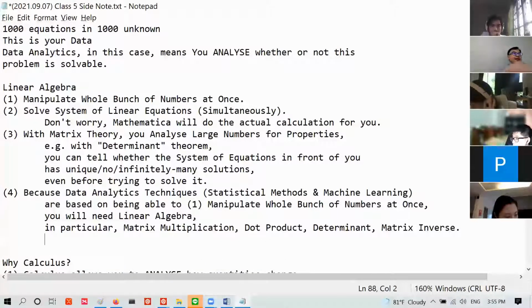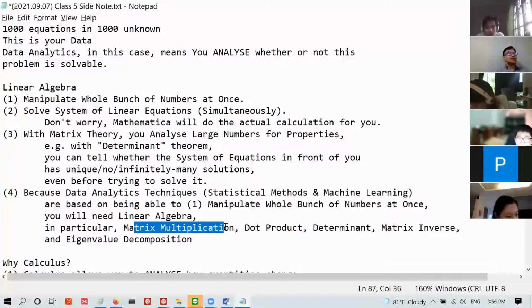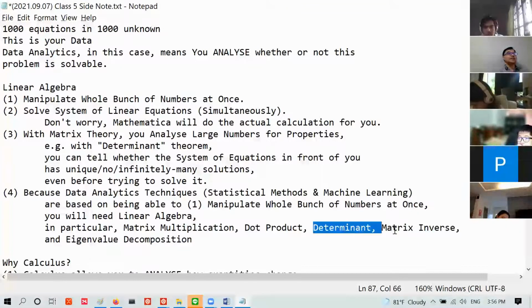And finally, the last one that you are going to need, which I haven't covered here, is called eigen system decomposition, eigenvalue decomposition. Now, this thing you have done, determinant, I showed you a little bit of that. Matrix inverse is more of an application of determinant.